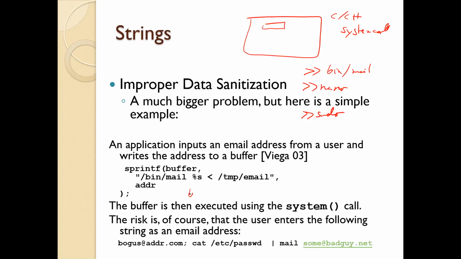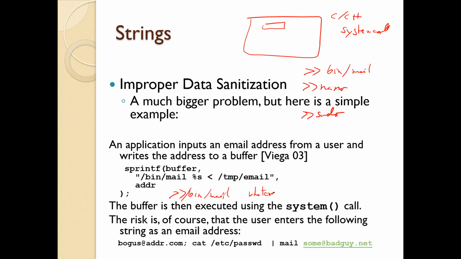Whereas before you had bin mail in the terminal, right? And that's what you were supposed to run with, let's say, Zach's user, and you mail something. Now, the user controlled input has changed that to say bin mail to, whatever.